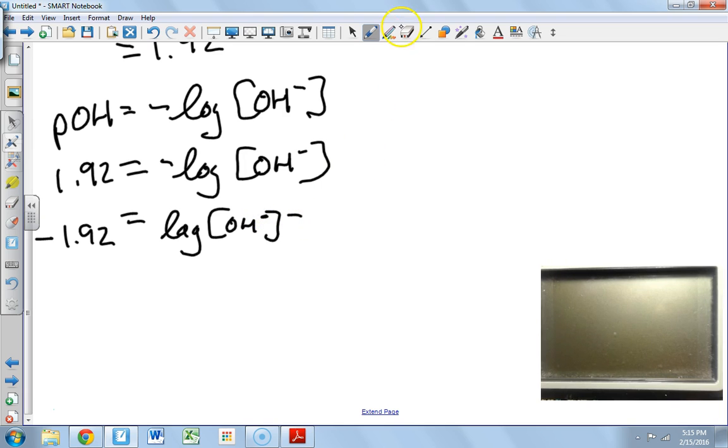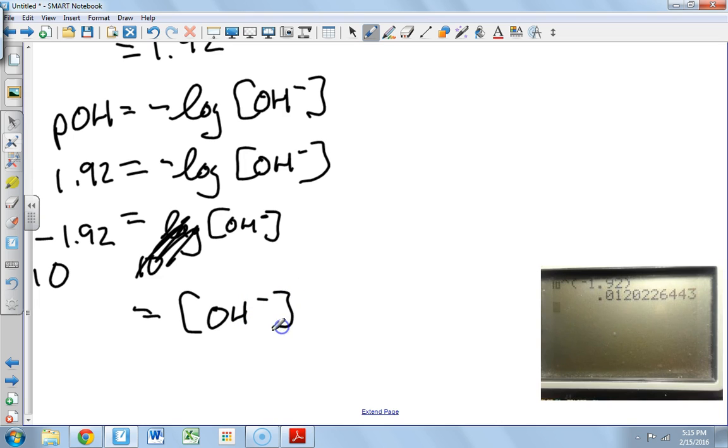Then we delog this by going 10 to the, that gets rid of the log. So now what we get is 10 to the negative 1.92, and that is going to give us the concentration of the hydroxide ion.